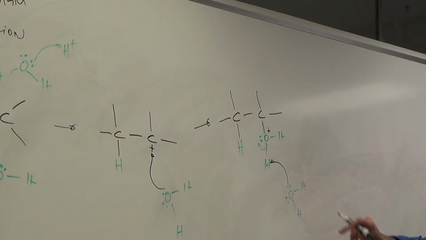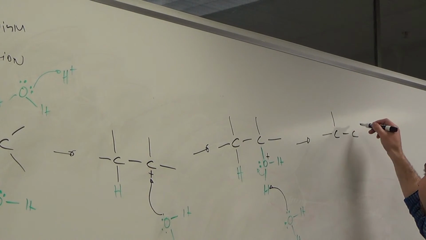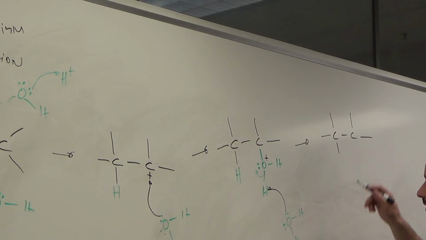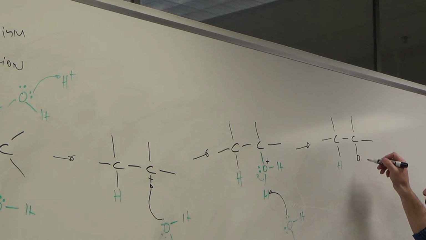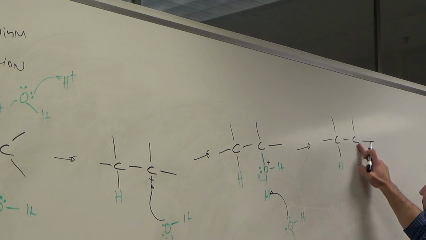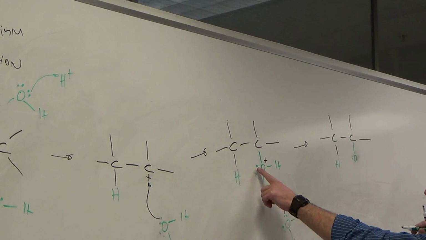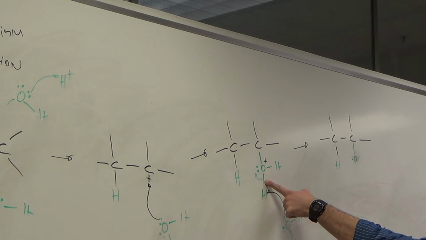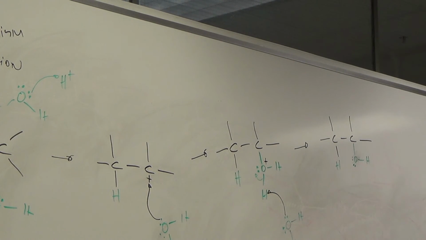So what this is going to give you after that happens is OH, H, hydrogen here, and hydronium. That's the two electron pairs, plus this electron pair from here, plus that hydrogen. That is the alcohol.